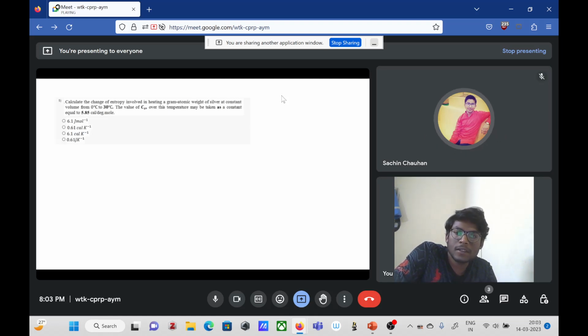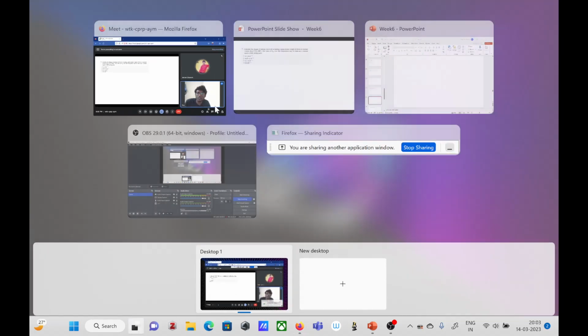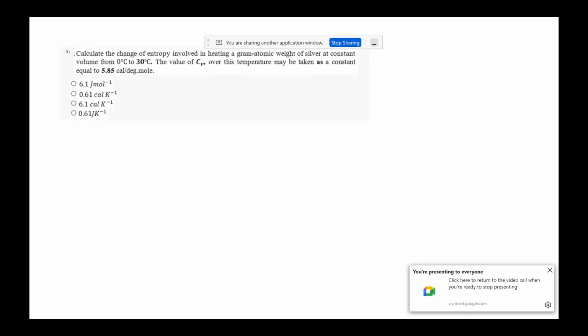Yes, sir. So this will be similar to that. Let me do this. Delta S will be the integral from Ti to Tf of Cv dT by T, right?